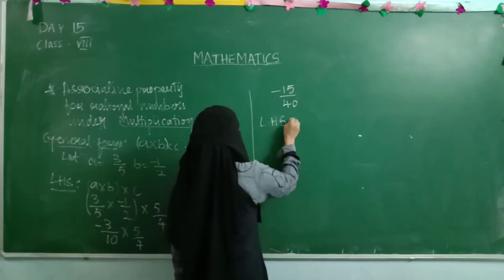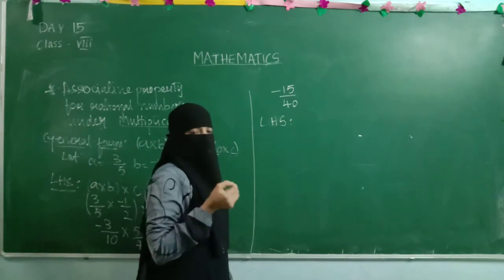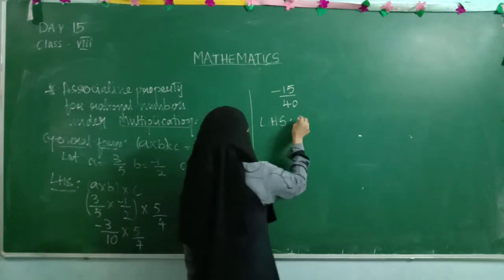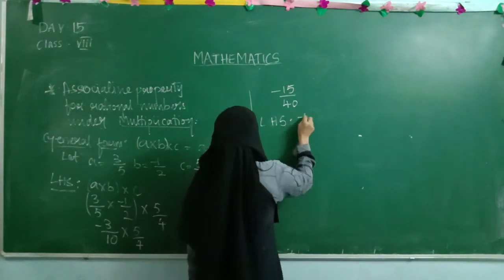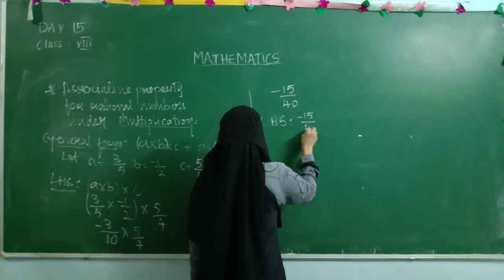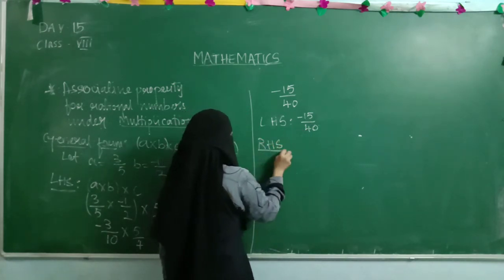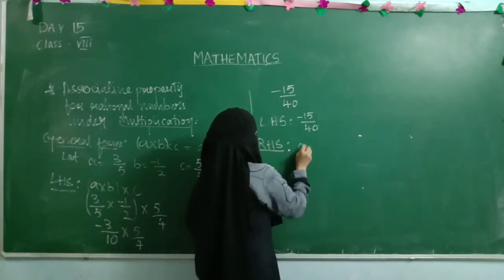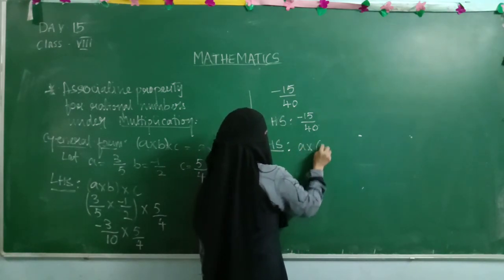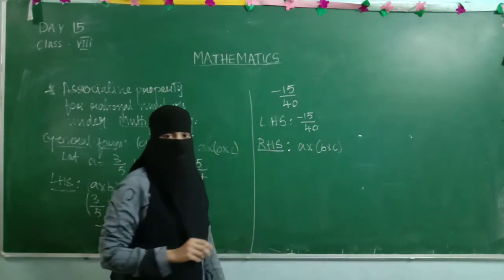I think you people are happy because within a very short time we have completed the LHS part compared to addition and subtraction. So minus 15 over 40. The next thing is to check RHS. What is the condition for RHS? It is A into B into C, but we give the bracket to the last two terms.